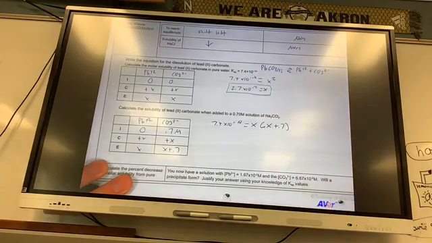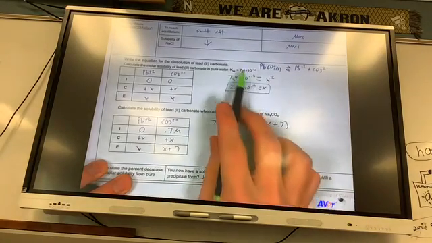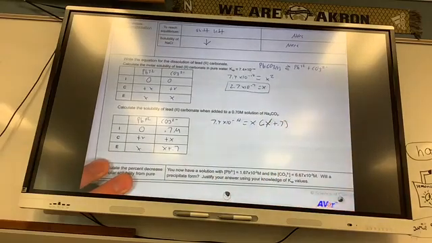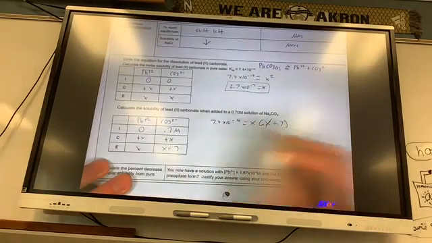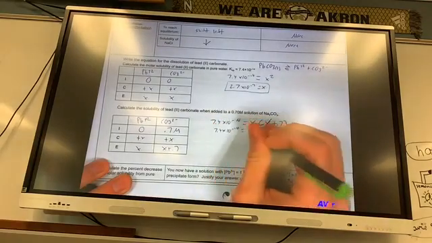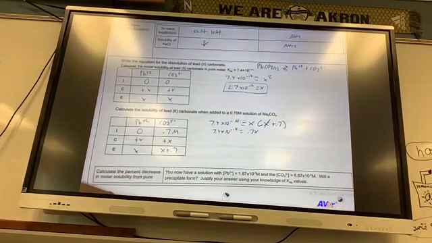But here's the thing, K is small, so this x is going to 0. So that means that 7.4 times 10 to the negative 14th equals 0.7x.